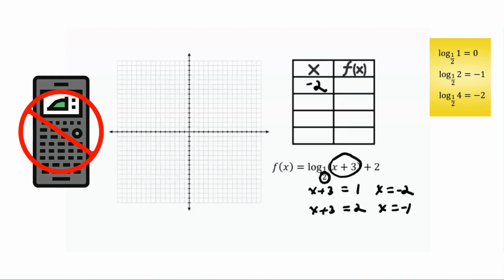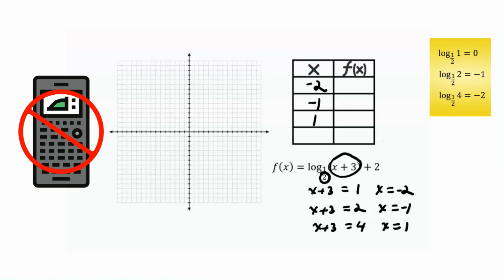And again, powers of 2, let's do 4. So if we let x plus 3 equal to 4, we're going to get x equal 1. Okay? So we're going to use negative 1 as an x value and also positive 1.